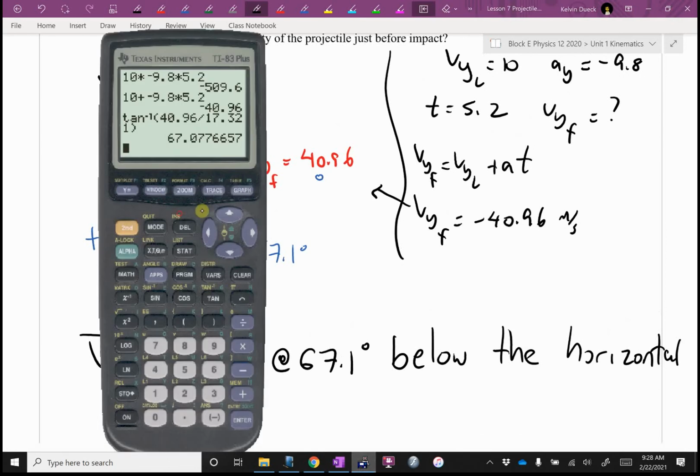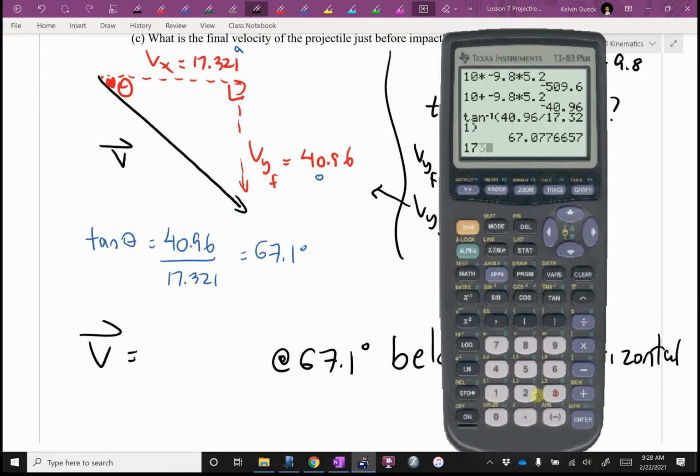Magnitude, Pythagoras. Geez, Dewick, could you butcher this more? Squared plus 40.96 squared. Square root. Wow. Did I totally wreck that, Mr. Dewick? Let's try that again. Square root, answer button.